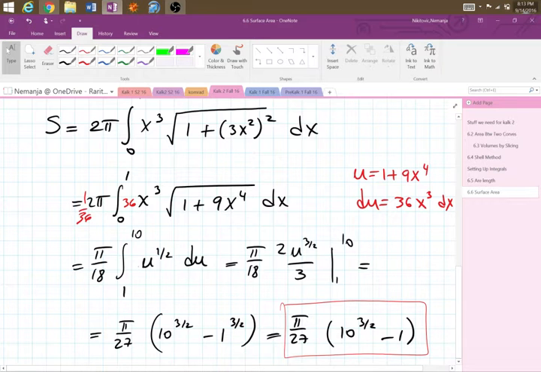So I have u to the 1/2 du inside, because 36x cubed dx is du, and the entire 1 plus 9x to the 4th is u, so square root of u, which is u to the 1/2. Limits. Plug 0 here. This limit is 1, because 0 plus 1 is 1. And then plug in 1, 9 plus 1 is 10.